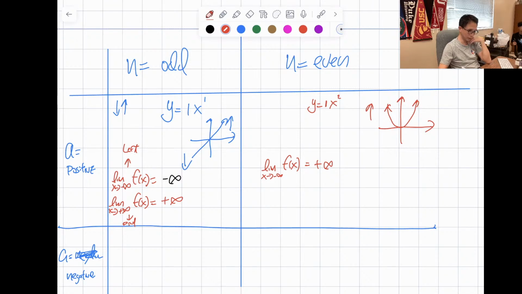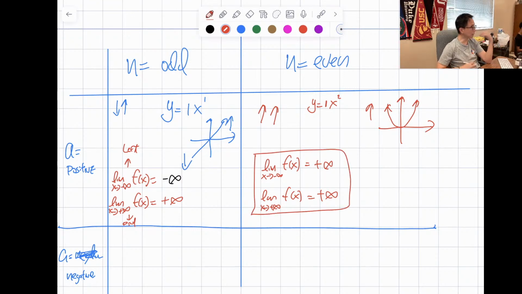How about limit x approaches positive infinity of f of x is equal to what? Positive infinity. This is up, up. But if you told me up, up, I won't give you a point on the test. But if you told me this, I give you a point. Is this hard? No, let's try again.